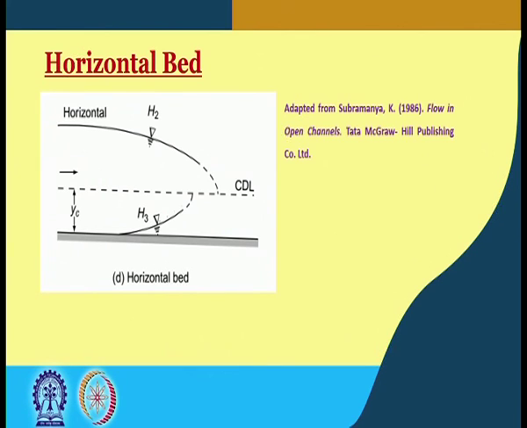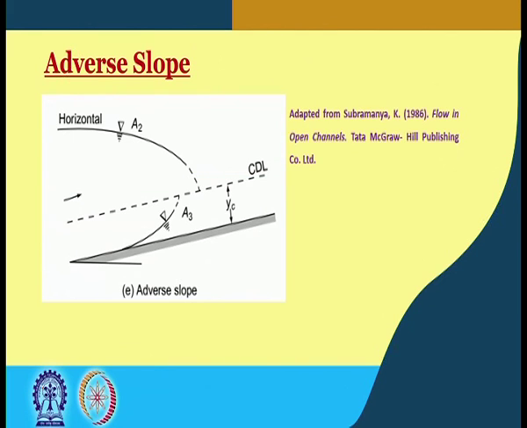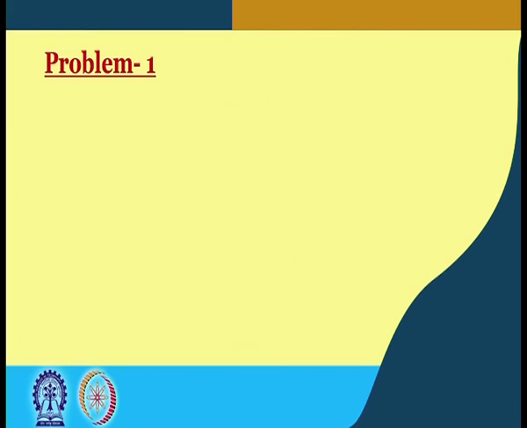If the profile is like this, it is H2, and this is H3. Adverse slope looks something like this. If the water level is like this, it falls in A2; if it is below CDL, it is A3. All these figures have been taken from Subramanya.